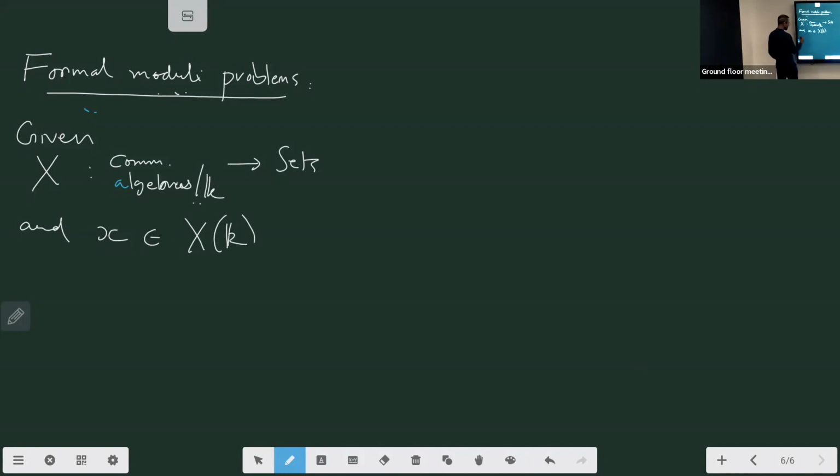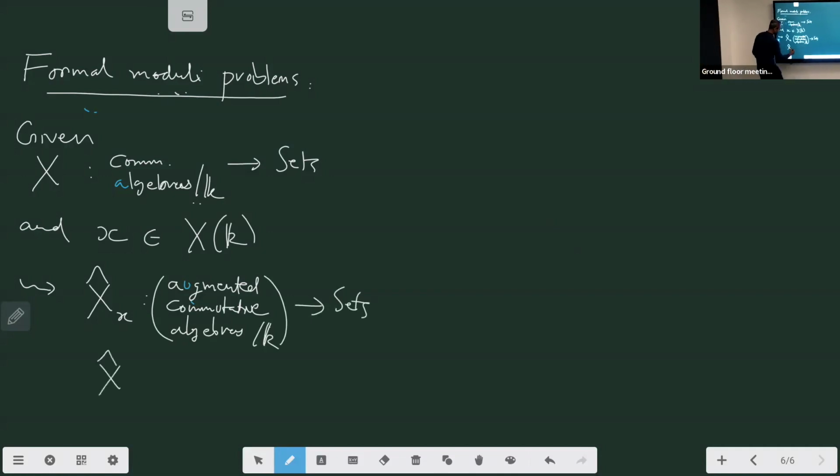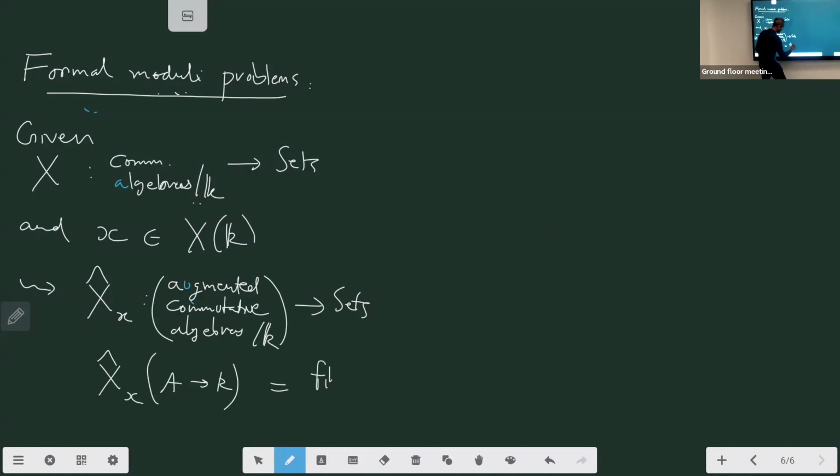Then I can define a new functor X hat at x from augmented commutative algebras over k to sets, where X hat at x of some A mapping to k, some augmented algebra, is just defined to be the fiber over x of X of A mapping to X.